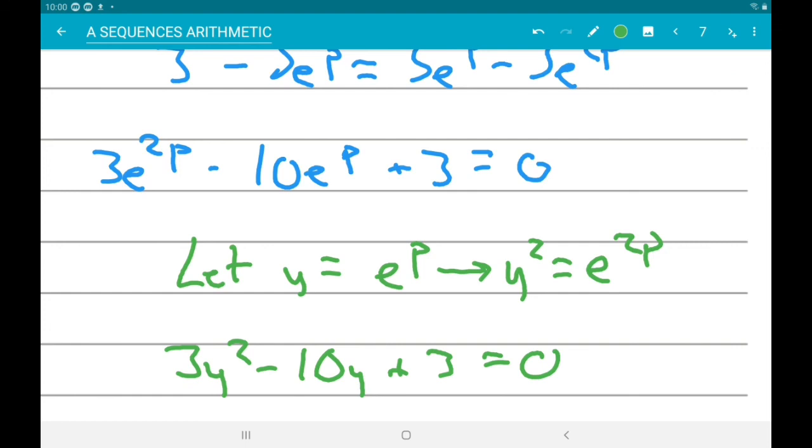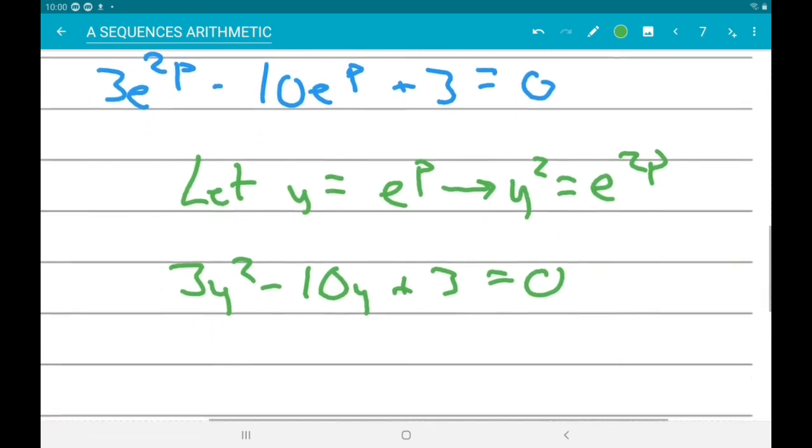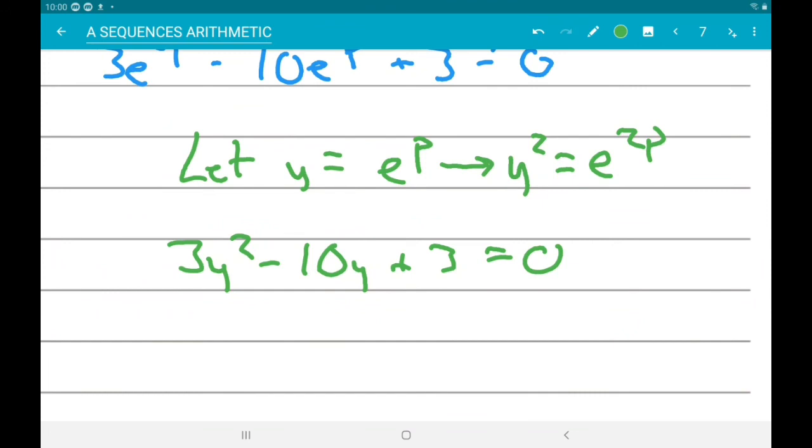Alright, now factorize. So we're going to need a 3y and a y.